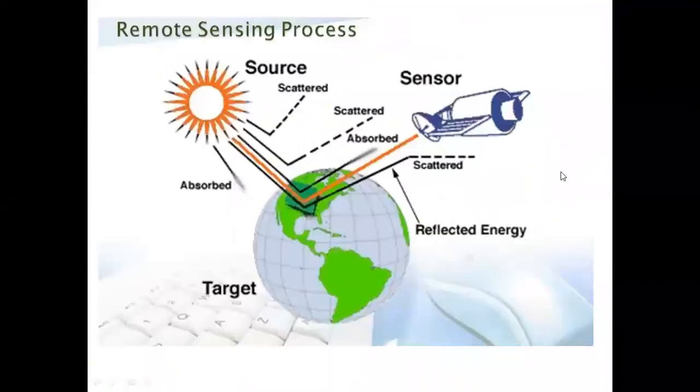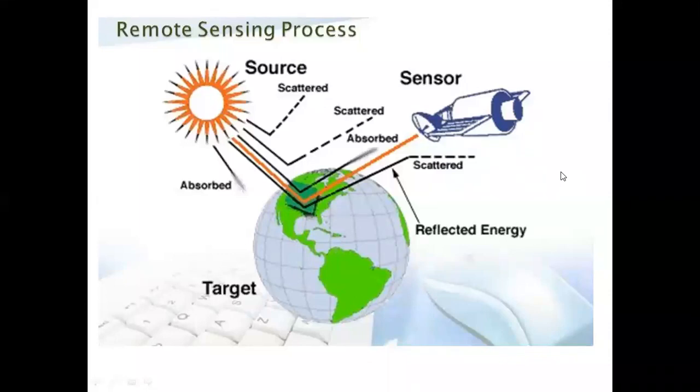First, we see in this image the remote sensing process. We already know that remote sensing means the art or science of getting information about the earth's surface without physical contact with it. That is a simple definition.